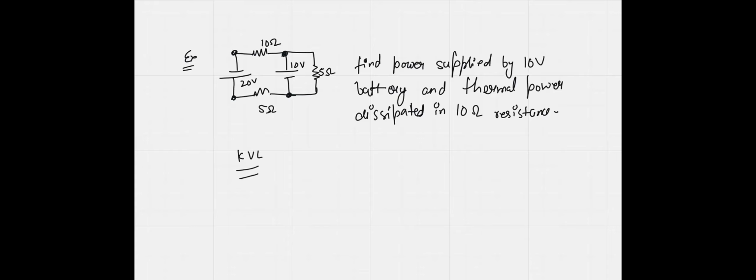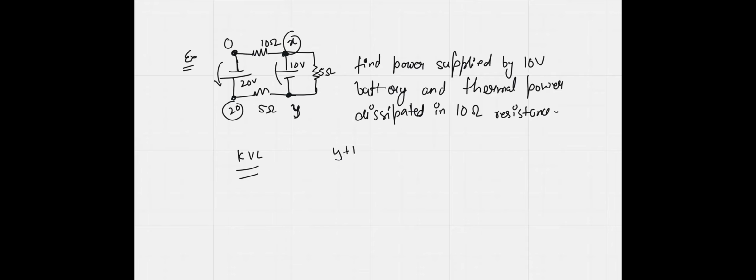Okay, now let's do one thing. Let's take this node as 0, and let this be x. I know one thing, that I am at 0. I'm going from here to the lower, and this point is 20. This node is x. What about this node? Let's say here it is y. I went from y, then plus 10, that comes out as x.